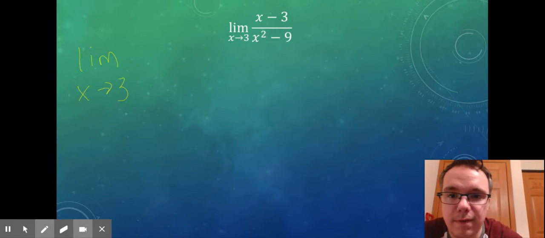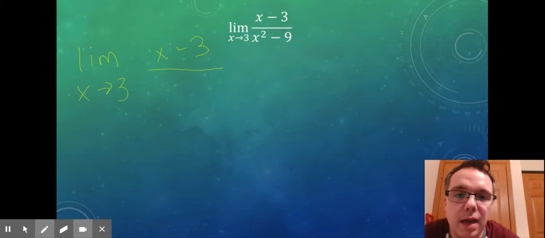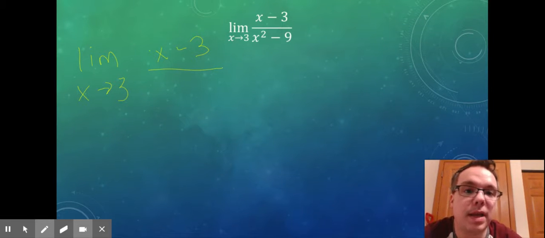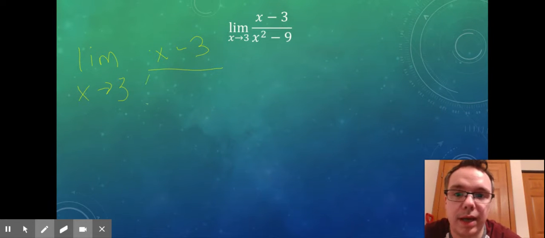So we can't factor x minus 3, but we can factor x squared minus 9. What multiplies to get 9 and adds to get a 0 in the middle? Well, that is x minus 3 times x plus 3.